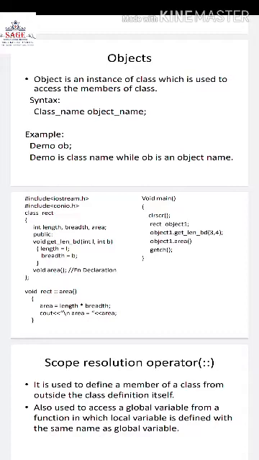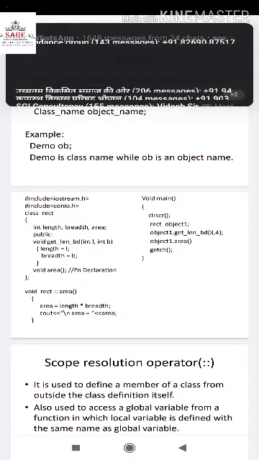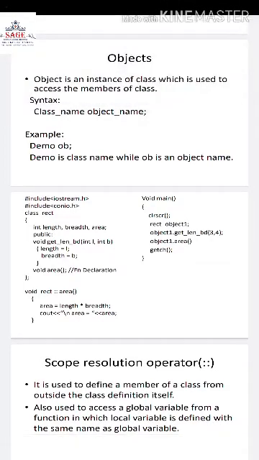So now here we have declared one class rectangle. You can see the keyword class, then space, and then the name of the class is rect, R-E-C-T. Bracket open, in the last bracket close and semicolon, which is the syntax of the class, as we have already discussed. Now here we have declared three variables, length, breadth and area of type integer.